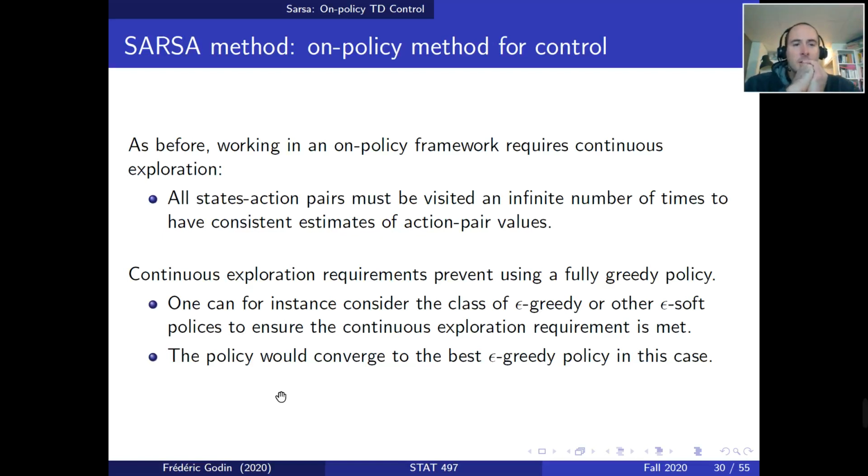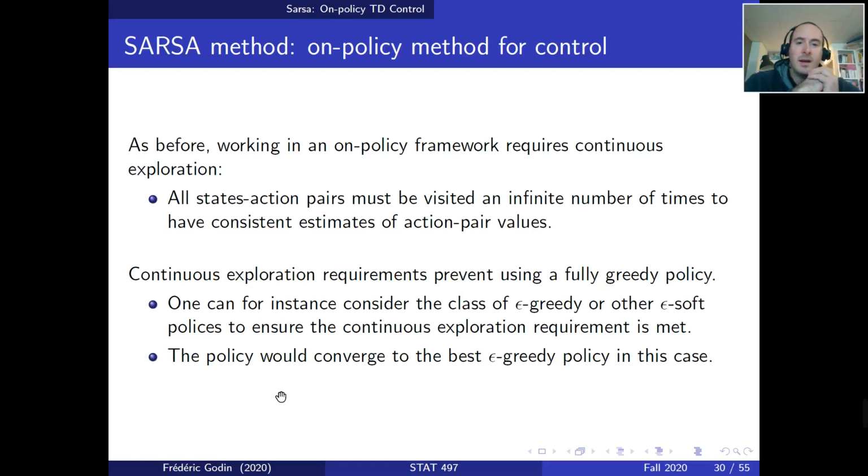Okay, so as we mentioned before, an on-policy framework requires continuous exploration. In your episodes, if you want to estimate the value of all actions in all states, you must repeatedly sample them in order to have eventually sampled them an infinite number of times if you want to converge to the true estimate.